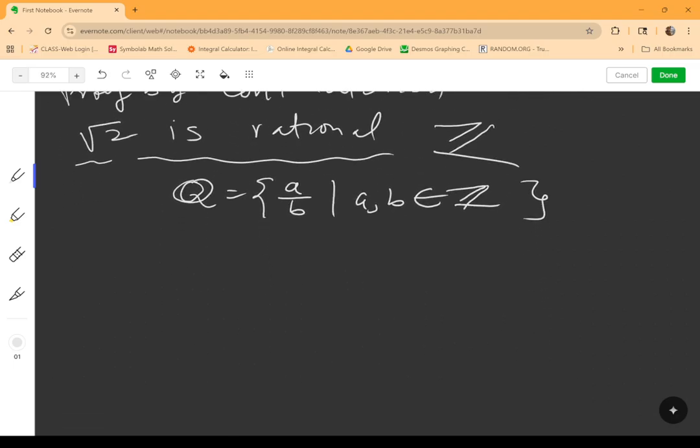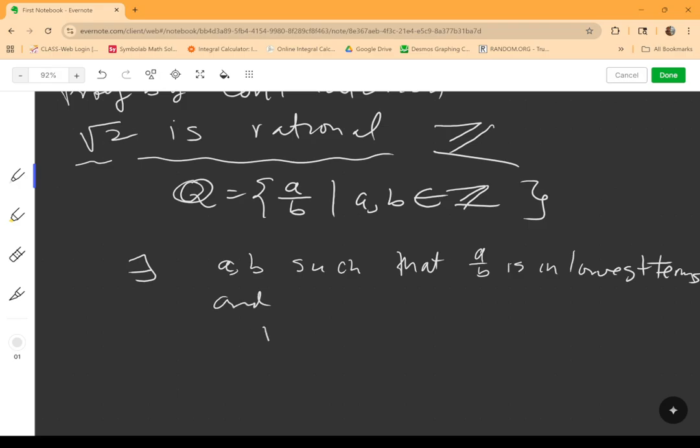So if I assume that the square root of 2 is rational, then I can choose a and b, or there should exist a and b, such that a over b is in lowest terms, and square root of 2 is equal to a over b.